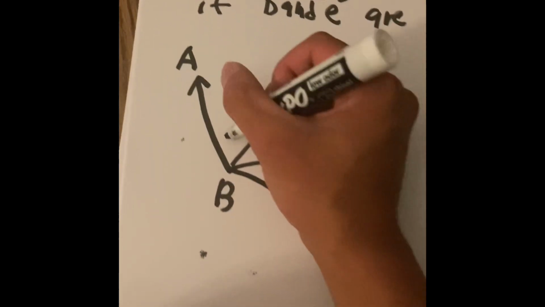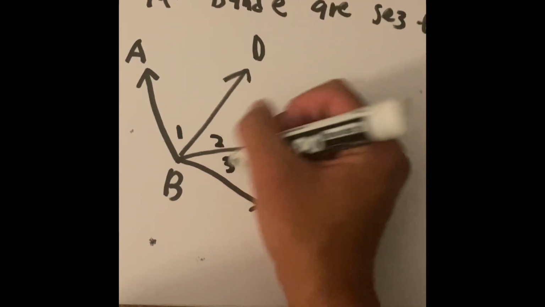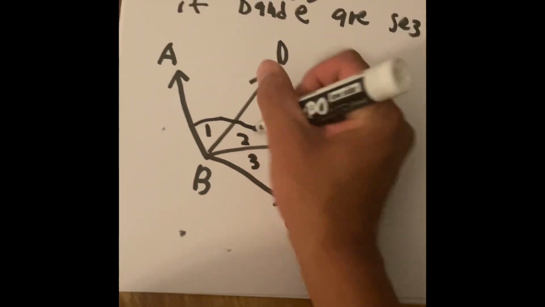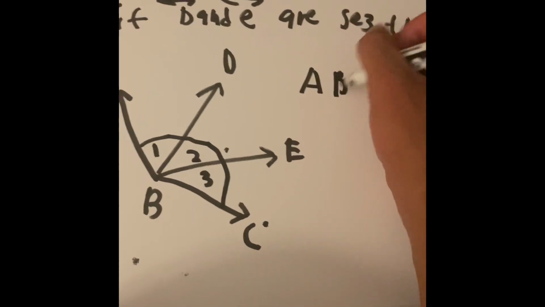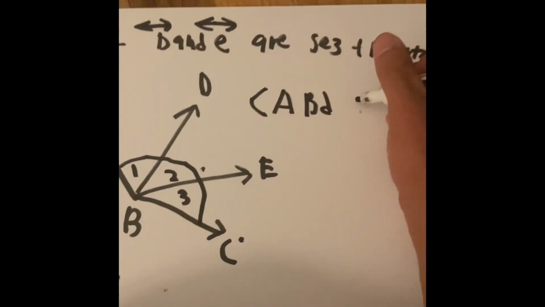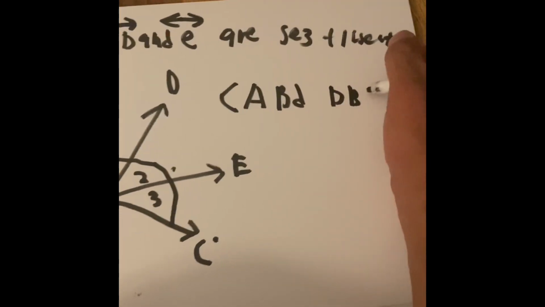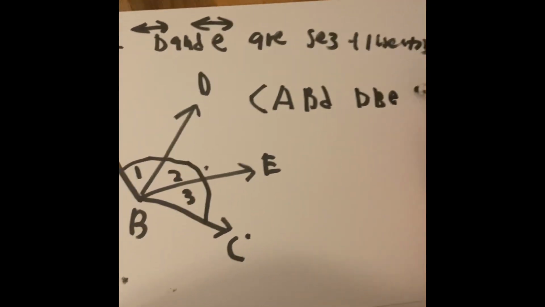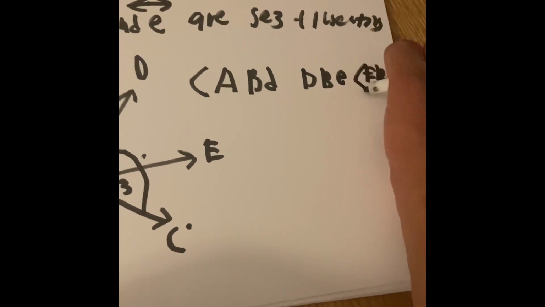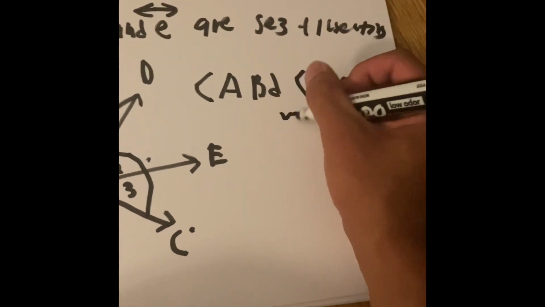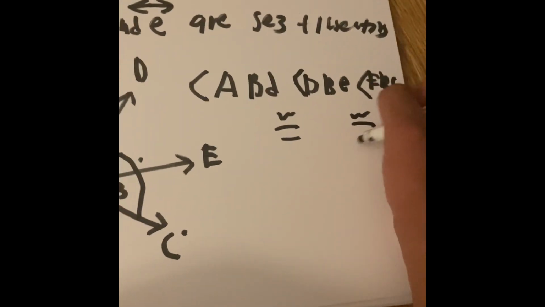Well, here's 1, and here's 2, and here's 3. The thing is, they can all be congruent. We can say that angle ABD, angle DBE, and angle EBC can all be congruent with each other.